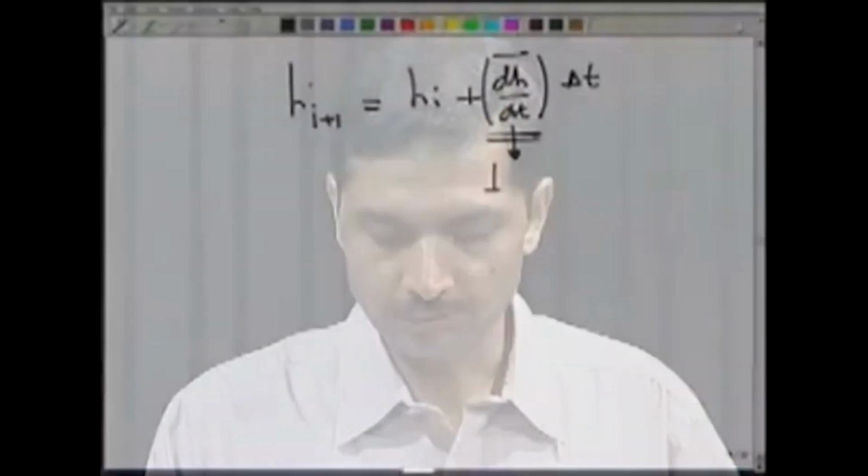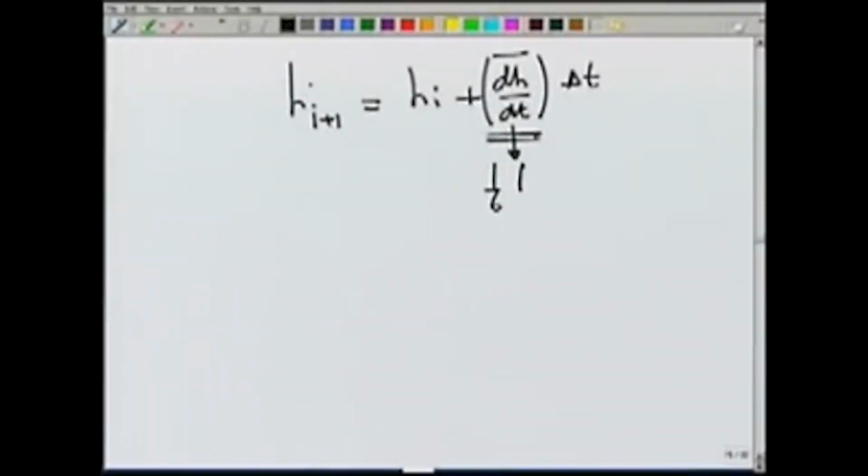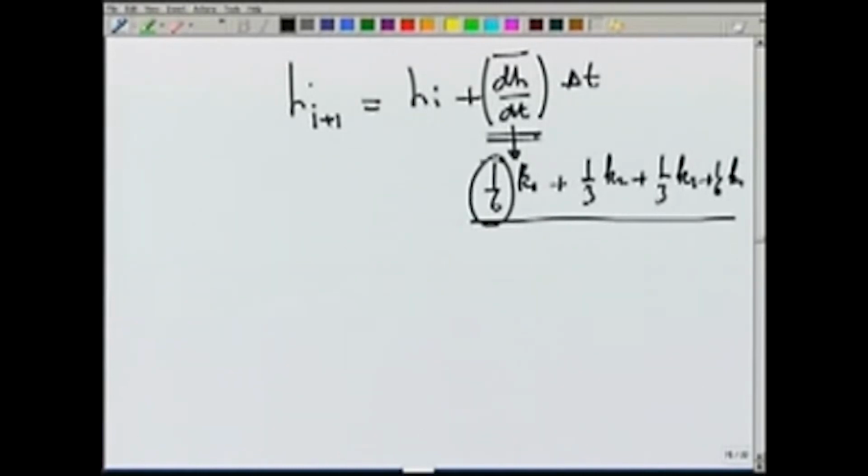So, this is nothing but 1 by 6 k1 plus 1 by 3 k2. So, we assign a weight of 1 by 6 to the first point and the last point, and 1/3 to the two estimates which we have obtained for the midpoint.